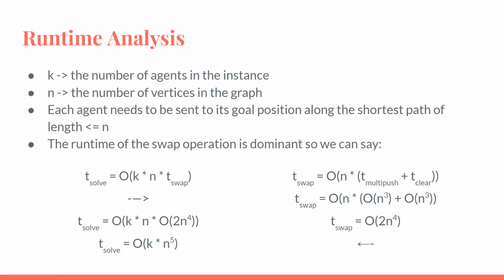So multi-push actually ends up giving us a big O of N cubed, which is shown here. So replacing those, we're able to get 2 of N cubed times N, which gives us 2N to the 4, which we'll bring back over here and pop into the T solve, which ultimately narrows down to what they gave us at big O of K times N to the 5th, which is pretty good.